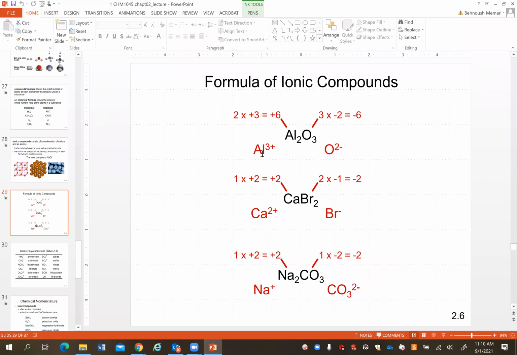We need to know the periodic table and the location of the elements in it. So the question was, why does aluminum have a 3+ charge, or what would be a reasonable charge for aluminum? Can anyone help me determine the charge of aluminum?